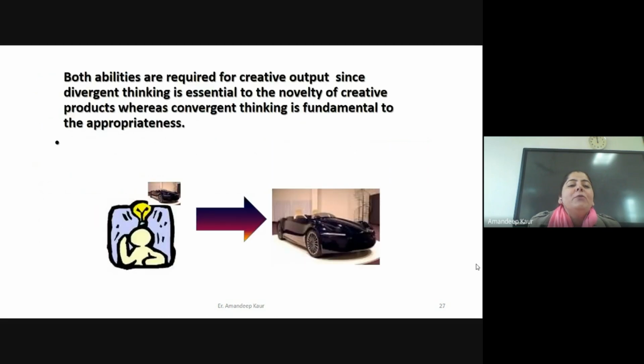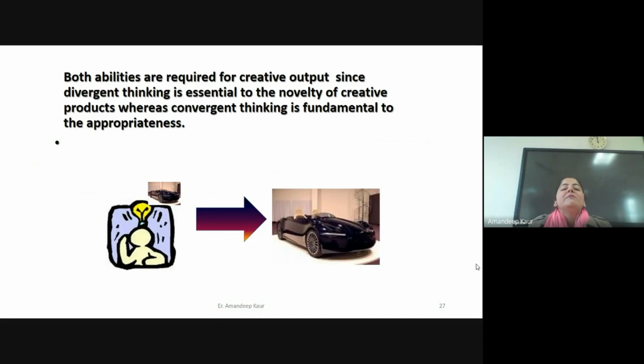Yes, both the abilities are required. Specifically, when we talk about creativity in engineering education, there are many problems which have only one fixed solution. Say my student is working on a numerical problem, any derivation, any concept, any principle.